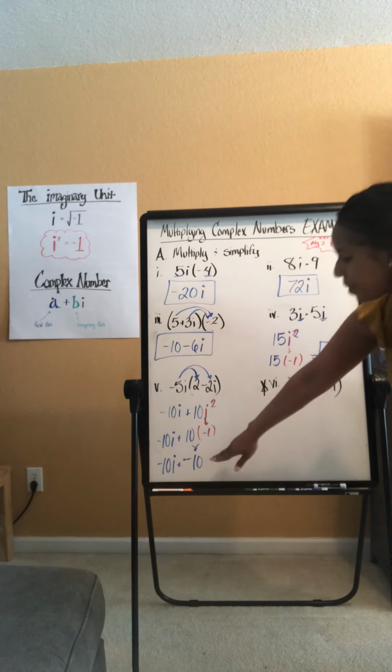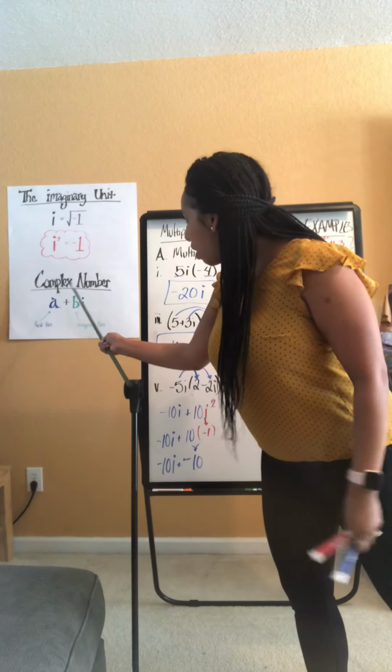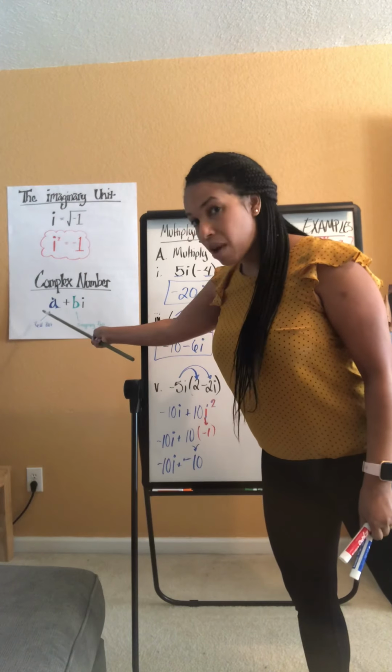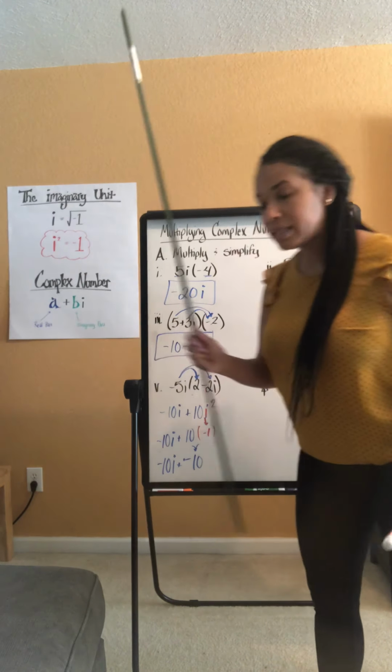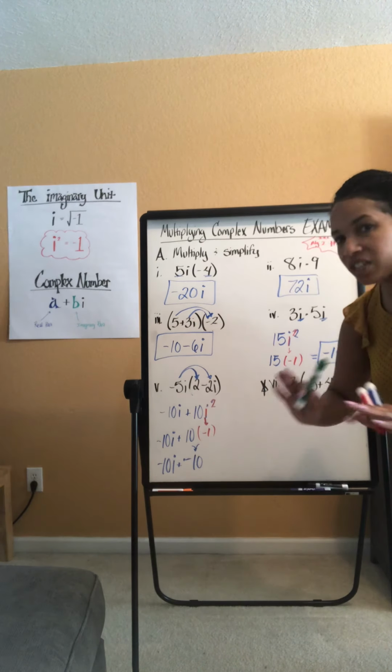But I'm not done here because I need it to be in standard form. In standard form, our complex number should always have the real number first, not the i. The i part has to come second. So what I need to do on this example is rearrange it. I'm not changing the signs.